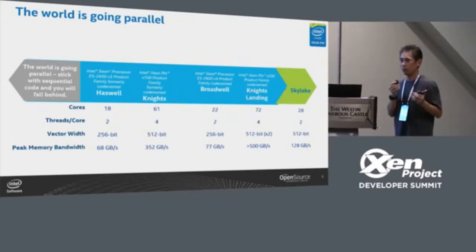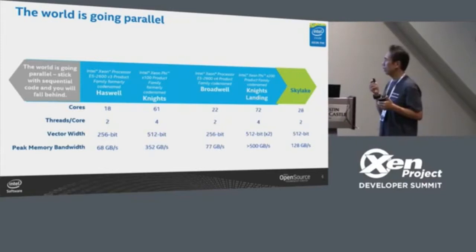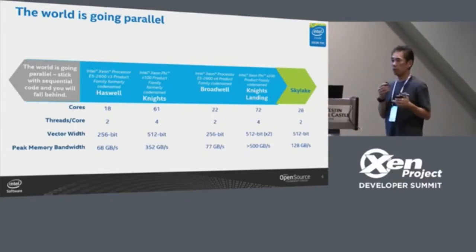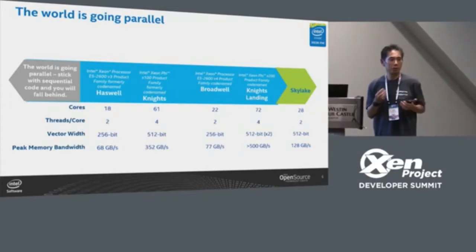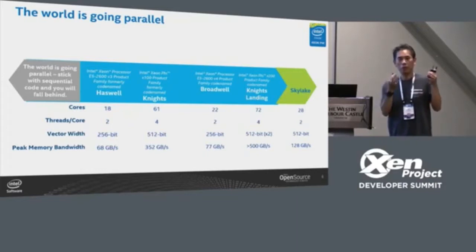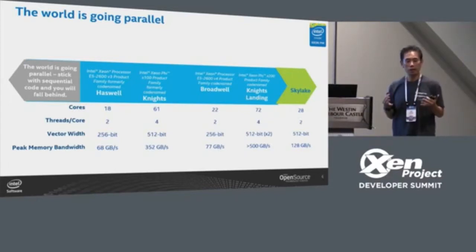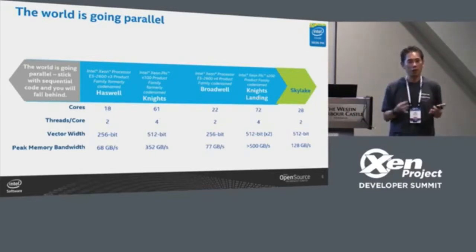Vector width is important for vector instructions, because those instructions take multiple data elements, like 4, calculate them simultaneously, and put the results simultaneously.